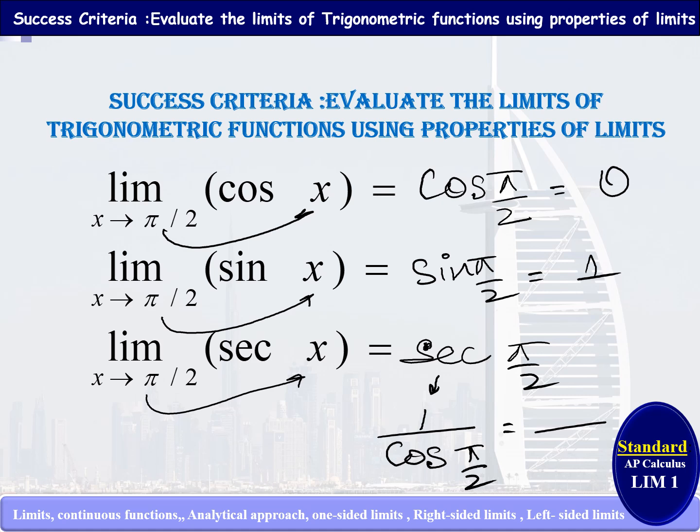And we know cosine of pi by 2 is 0, and this on the top is 1, that is an error, and division by zero is not possible. But they are asking for the limit from both sides, it's not a plus or a minus, it's not a one-sided limit, but they are asking for the both-sided limit. So you have to write does not exist.